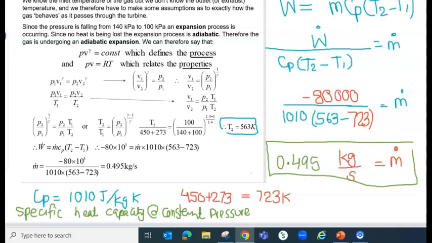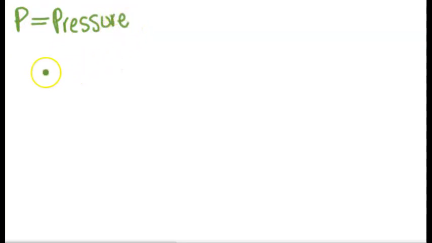Now let's do a key for different things. So we got P is pressure, V is volume.